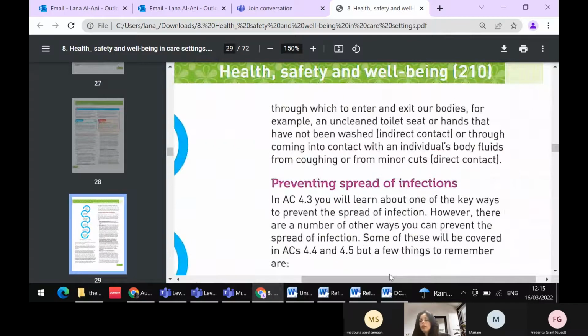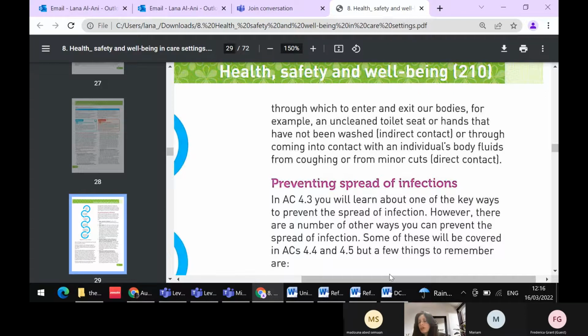And also, are there any other ways? If there is any body fluid, let us say blood or a cut from one of the people who already have some viruses or bacteria, all this blood might contain some of the bacteria, and that will be infectious for others.